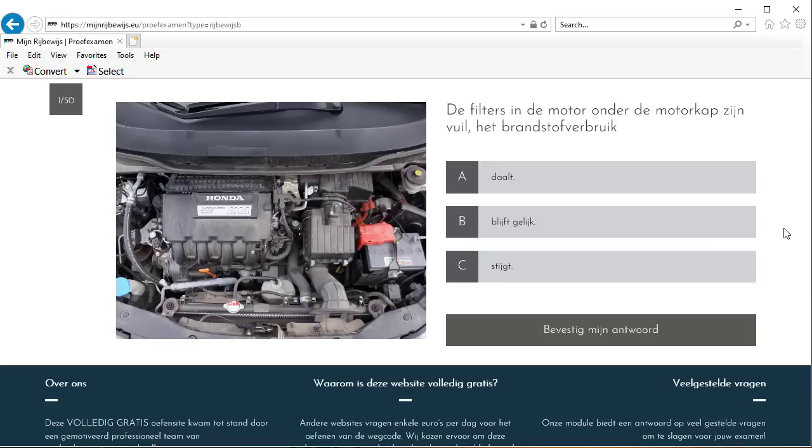So the fuel consumption: option A, decreases; option B, remains the same; option C, increases. The right answer is that the fuel consumption increases, because if the conditions are not good, the fuel consumption always gets affected. So you have to keep it clean and lubricated, etc. Okay. Next question.